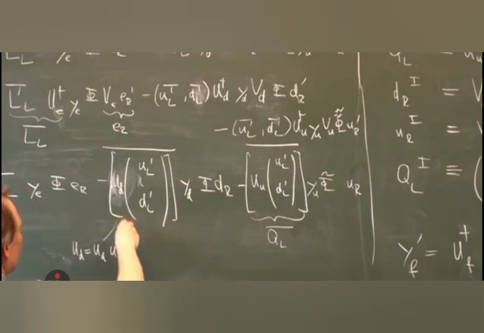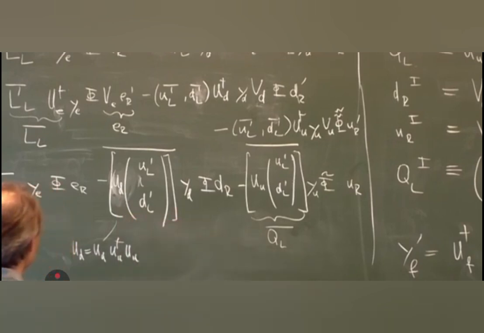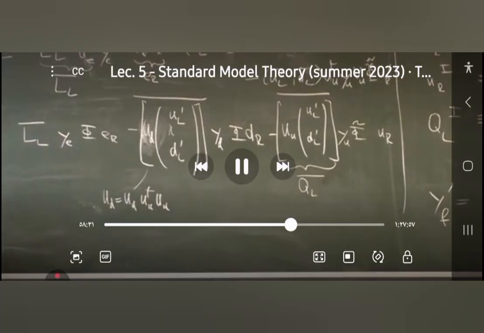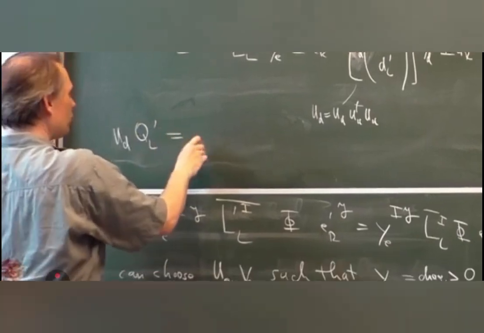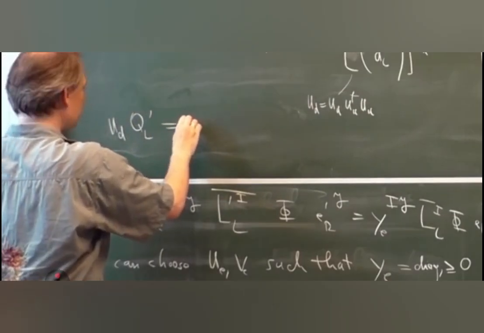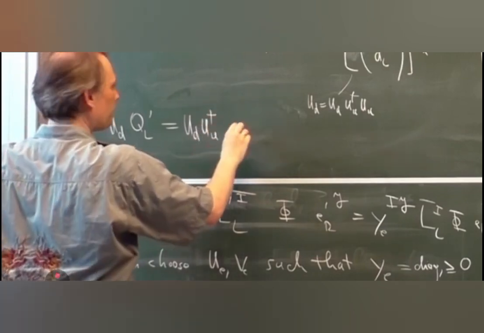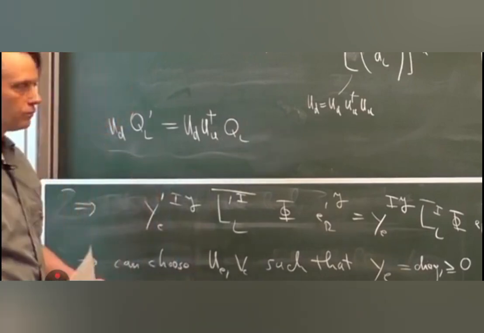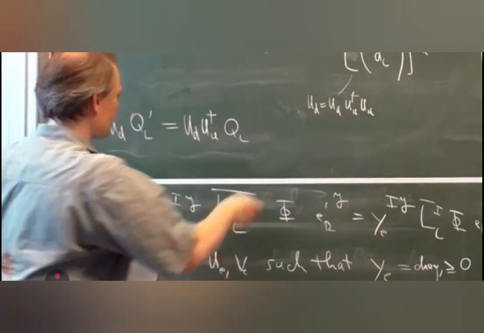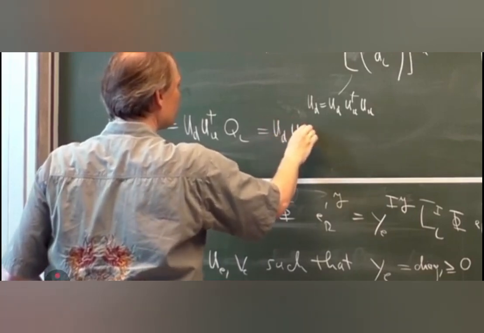And then we get here as one part the unprimed Q_L. So U_D times the left-handed quark doublet with a prime is written as U_D times U_U dagger times the unprimed quark doublet, and the unprimed quark doublet got a name, U_D U_U dagger.